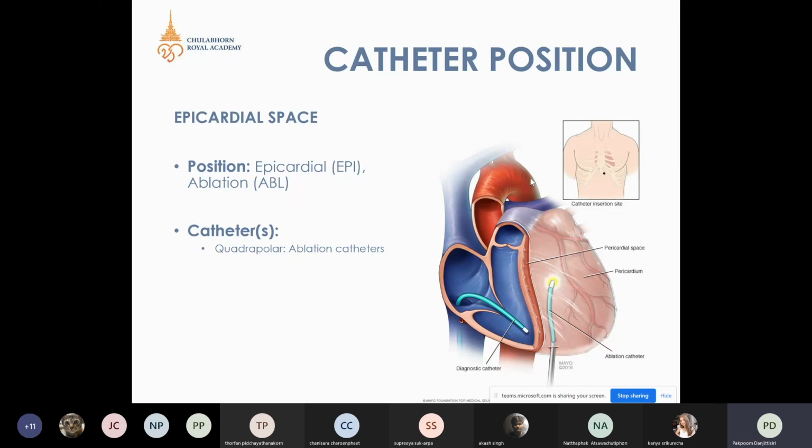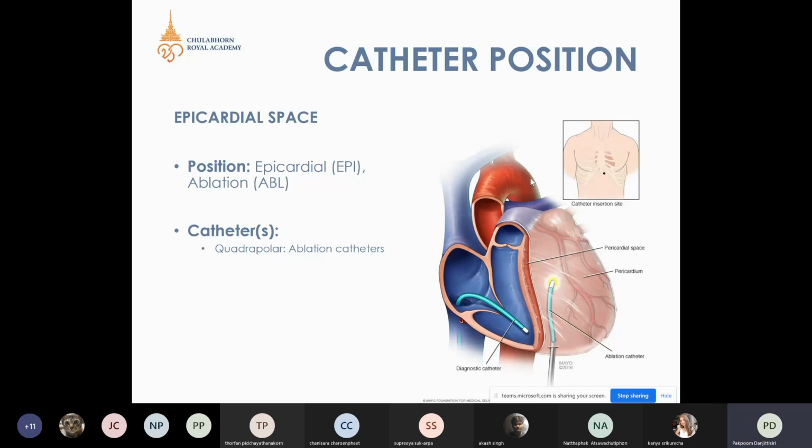The doctor will do epicardial ablation whenever the patient comes with epicardial PVC, or in a patient with Brugada syndrome, that we believe the origin of the abnormality that causes the ventricular tachycardia is from the epicardium.